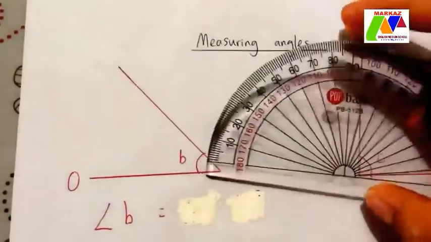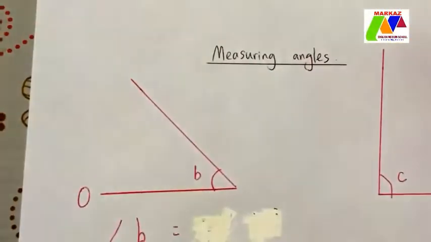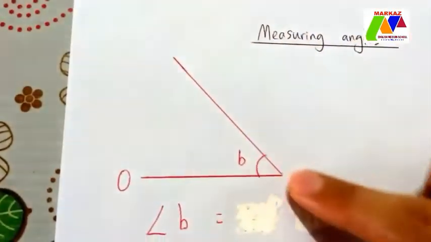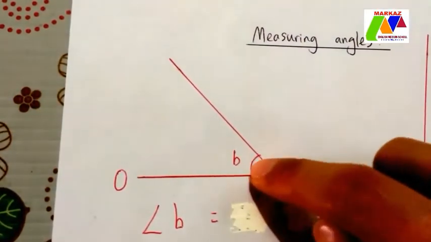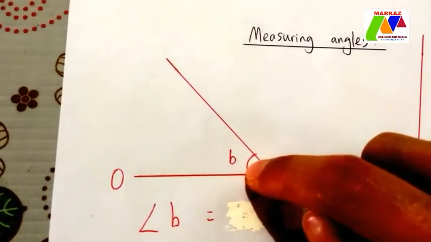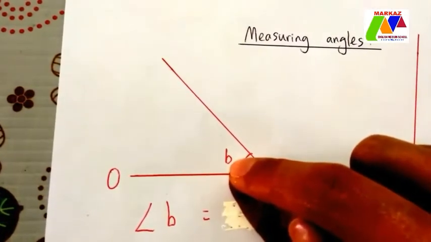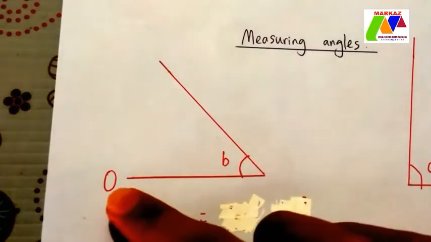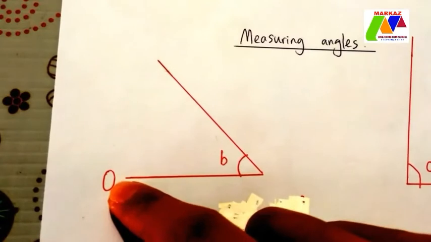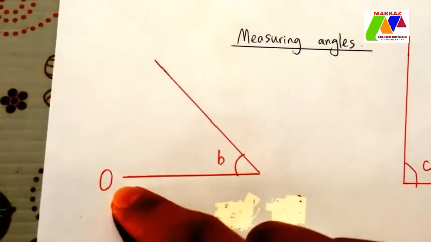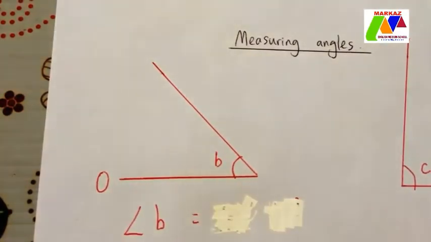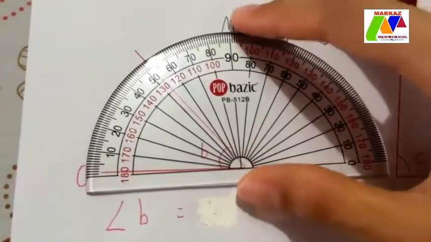Students, let us see how to measure an angle using a protractor. Listen here. Here, I draw an angle named B. An angle means two rays or lines ending at a common endpoint. One ray of this angle is 0 degrees, so I put the mark 0 over here.